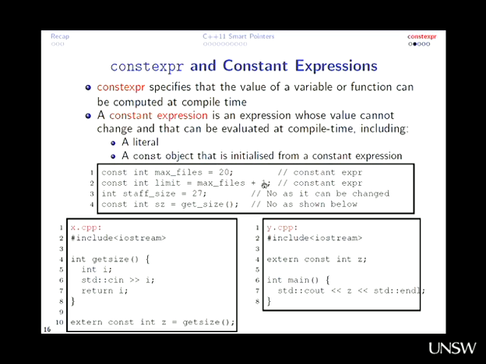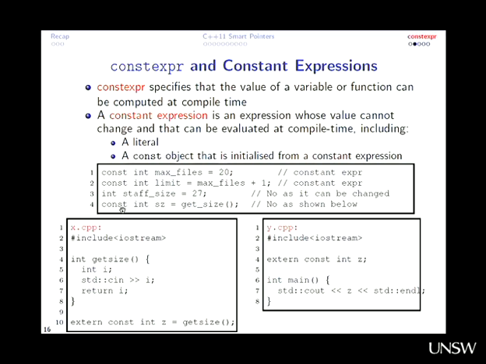Because max files is constant, this gets hard-coded to be 21 at compile time. However, the next line without the word const, int staff size equals 27, is not compiled to be a fixed 27 at compile time. That 27 gets assigned at runtime into your local stack memory, and that value can change.